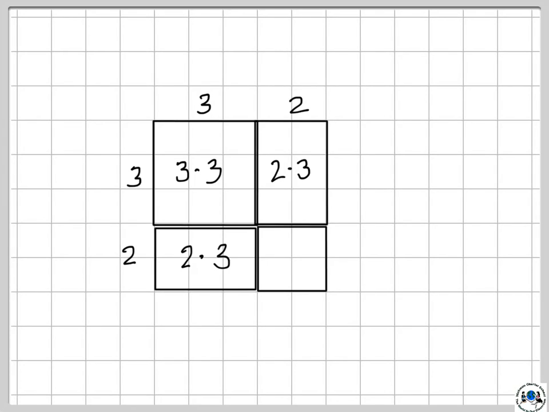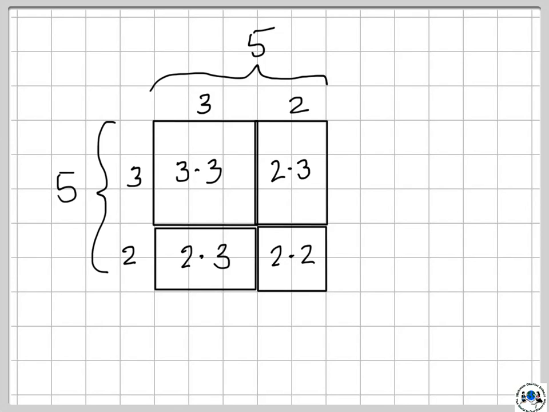Now we've extended it by the width, another 2, so we have another 2 by 3. Then our last section is 2 by 2, or 2 times 2, and of course we have created a new 5 by 5 square region, which we can compare to our original region.